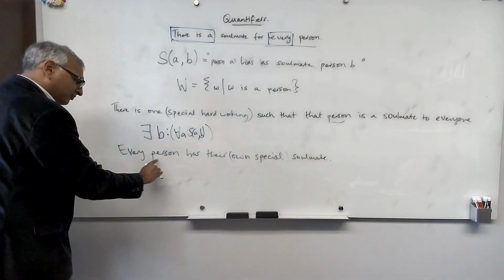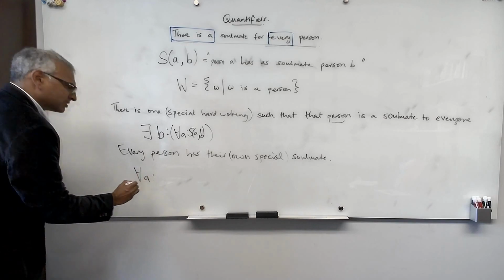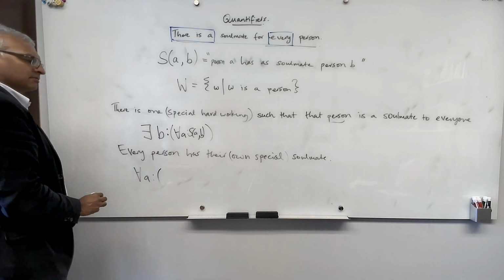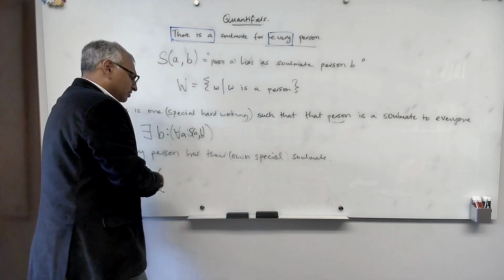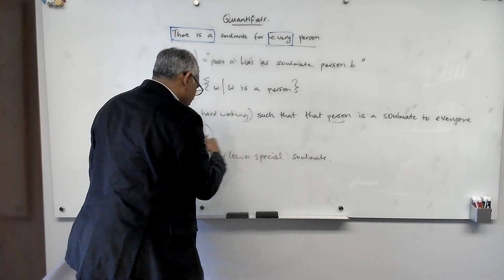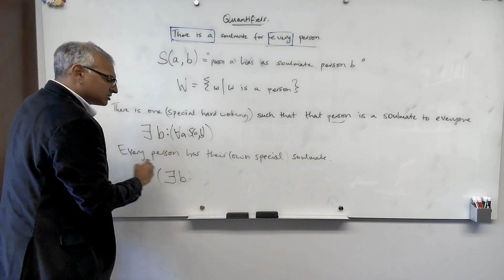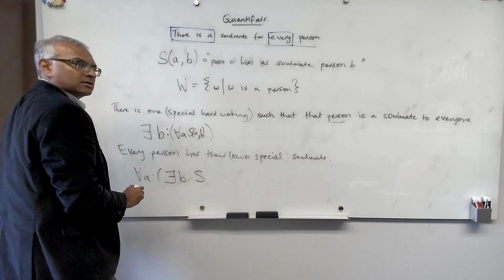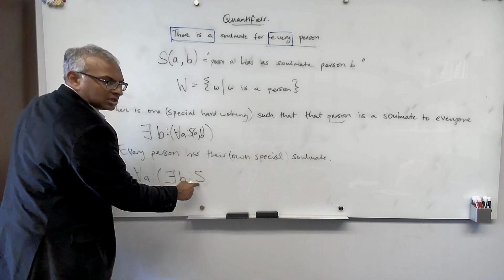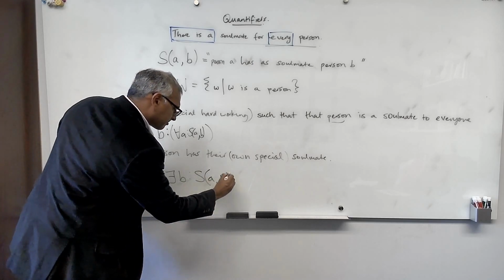So what we're saying is that for every person, for all A, it is the case that that person A has a soulmate. So there exists a person B for which B is a soulmate of A. That's represented by the predicate by asserting the statement S of A, B.